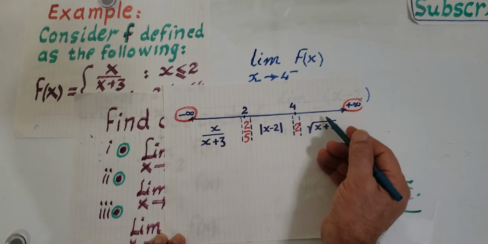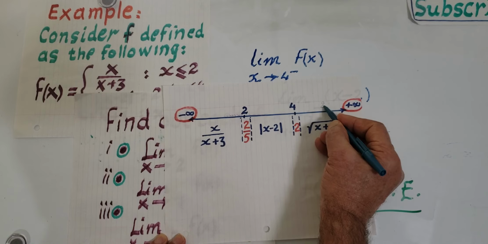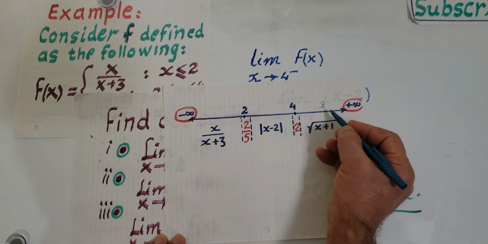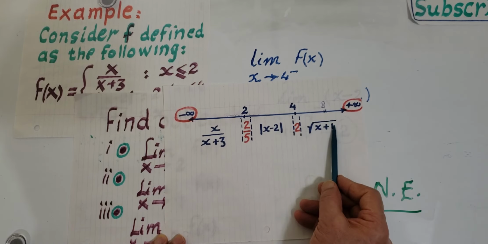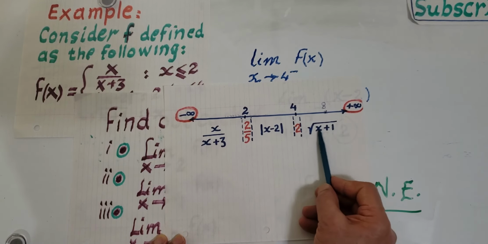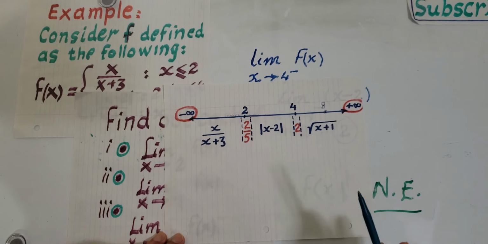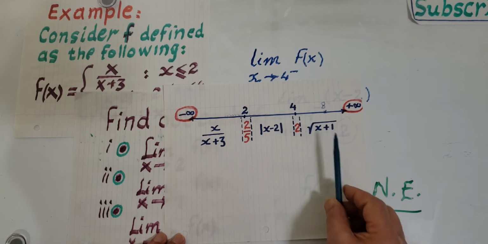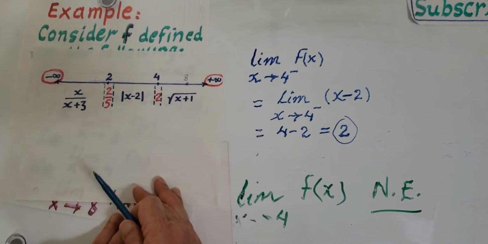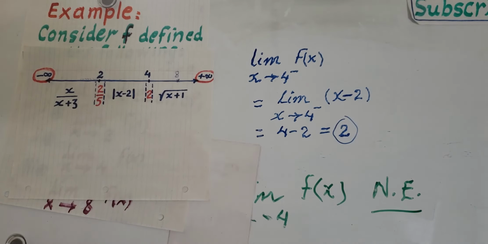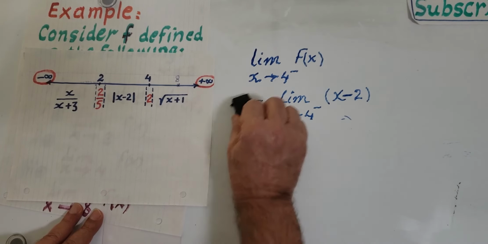So we don't need to discuss from right or left, because at left of 8 it is the same equation, and at right of 8 the same equation. We just make substitution directly in this equation, and the result will be the value of the limit for this value of x.